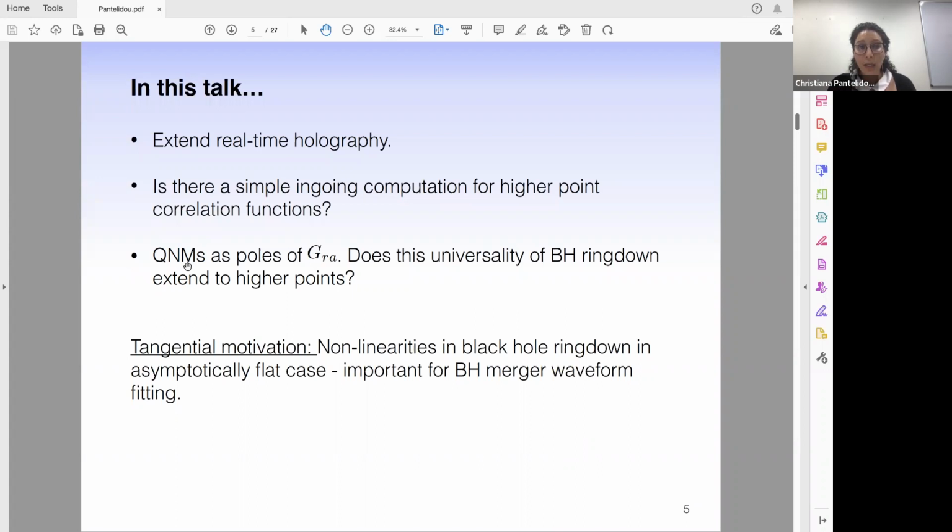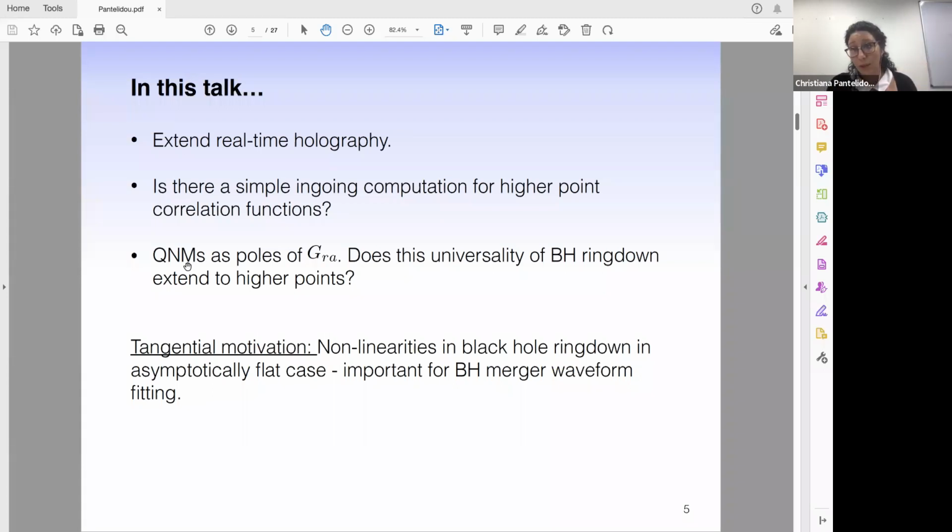Firstly, we want to check whether we can impose simple ingoing boundary conditions for higher point functions. So we know already that at the level of 2-point functions, so within the linear regime, that is true. That's what Son and Starinets proposed, and that was essentially proven in a way by Skenderis and van Rees.